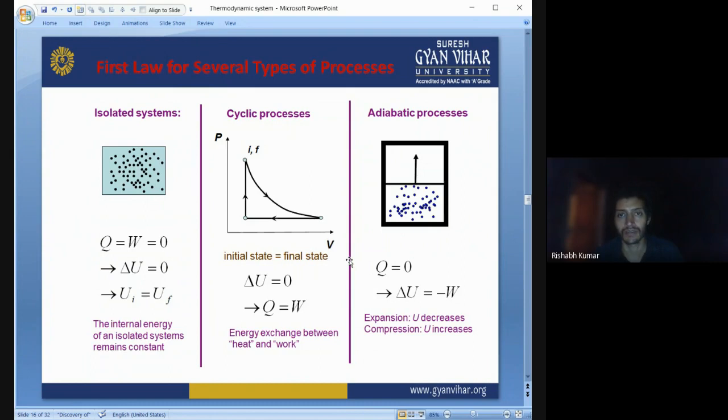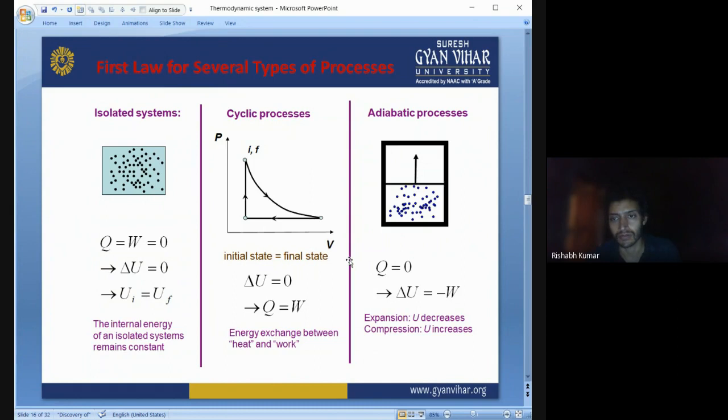In the case of adiabatic processes, there will be no exchange of heat energy between the system and the surrounding. So delta Q will be equal to zero, right? There will be no transfer of energy in the form of heat between the system and the surrounding.